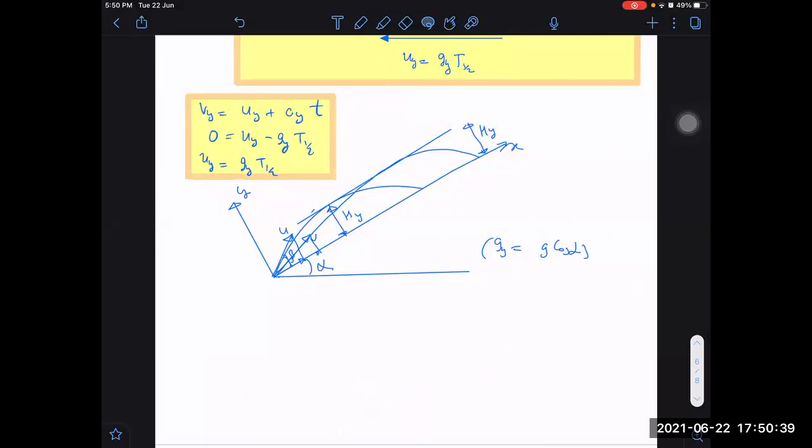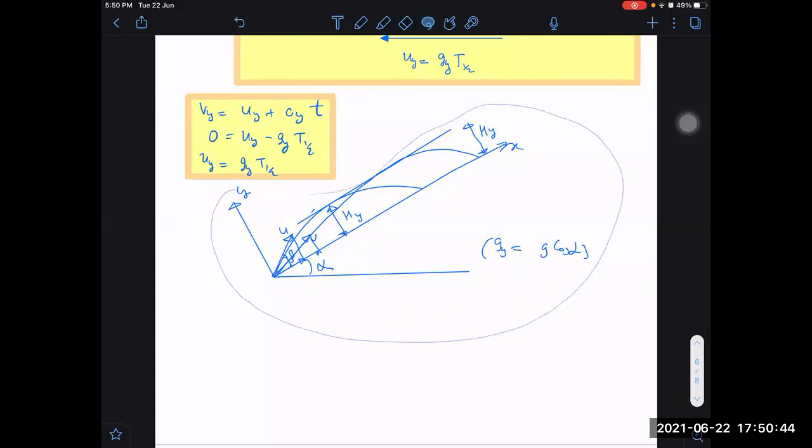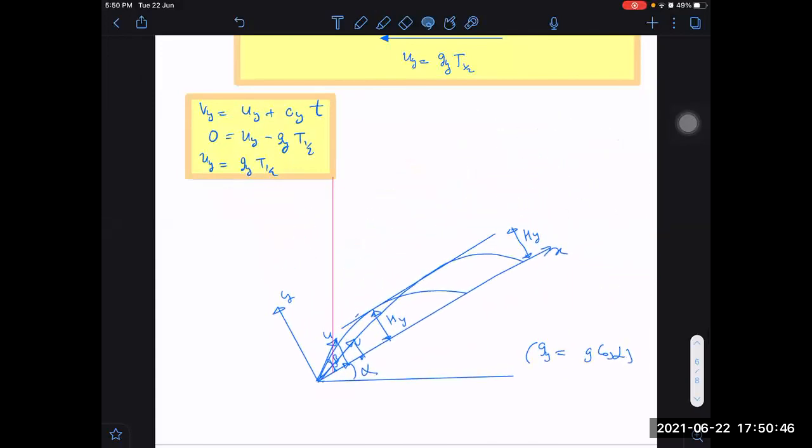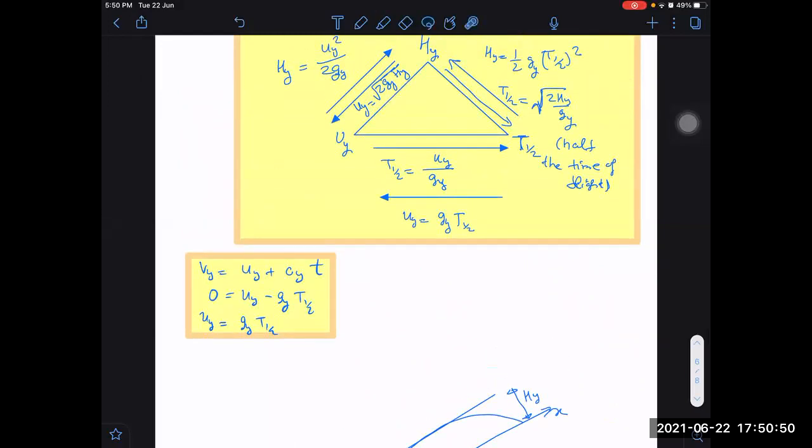What is pending? What is not obtained yet? Two branches with two arms we have already obtained, right? We are left with the third one. Let us obtain that also, and then it will be over. U and H relation: how to obtain it? Vy square minus Uy square is equal to 2 into Ay into Sy.